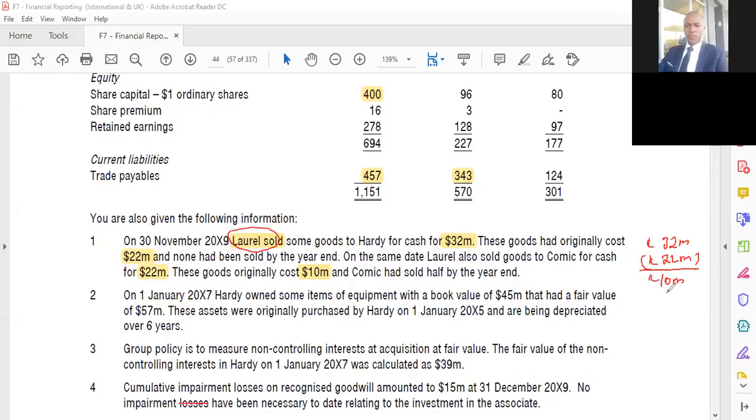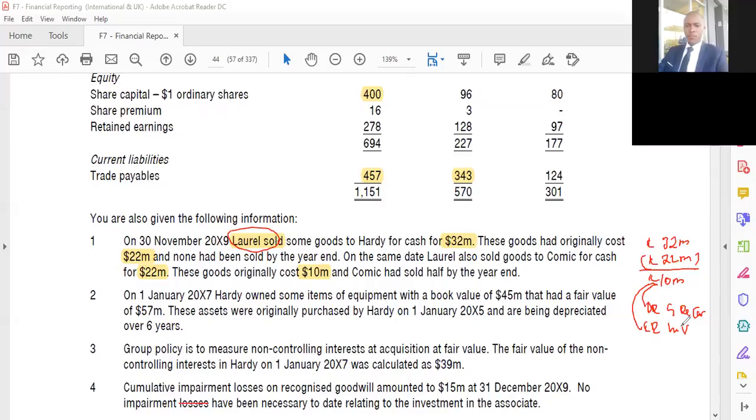Now, this 10 million kwacha, what you do is simply, number one, debit the group retained earnings, and then number two, credit the group inventories to reduce it. Have you seen? Group retained earnings, debit by the 10 to reduce the profit they made.